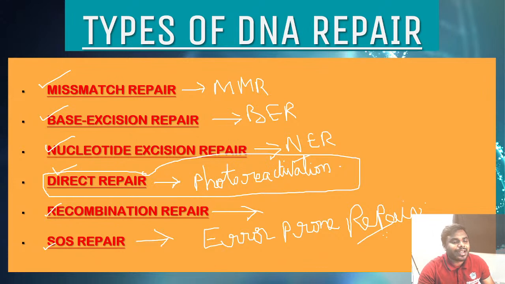That's what we call direct repair. For example, if my bike has a brake problem or a clutch problem, I am not removing the clutch and replacing it with a new clutch or a new brake. What I am doing is repairing that brake right there without removing it. In the same way, whenever a base gets damaged, we are not removing it, we are repairing it right there. That is the reason, my friends, we call this direct repair. Do not forget this particular point.